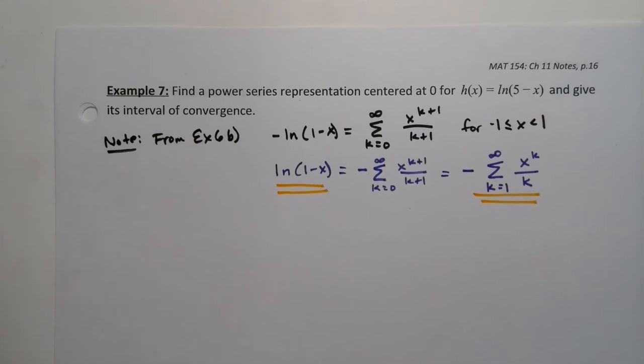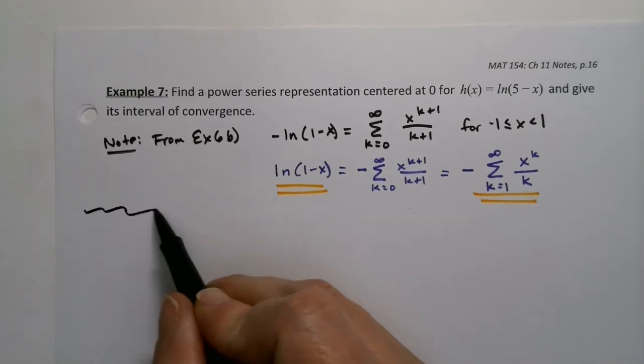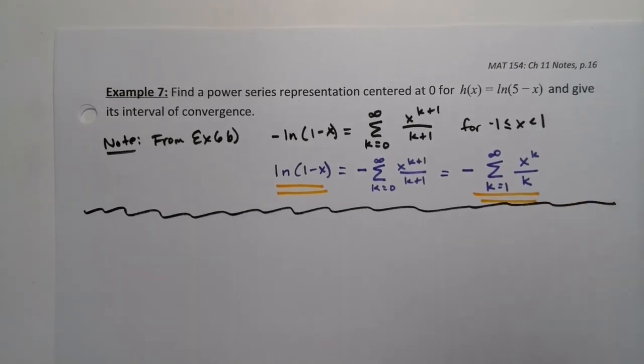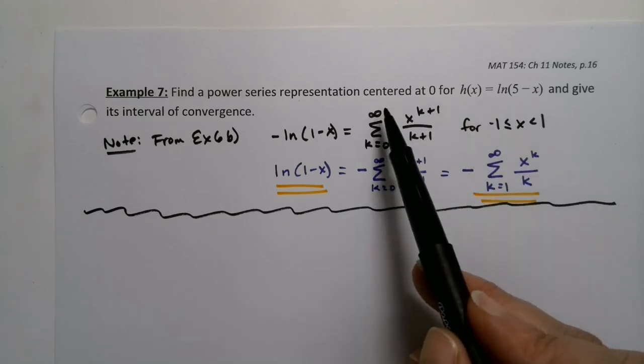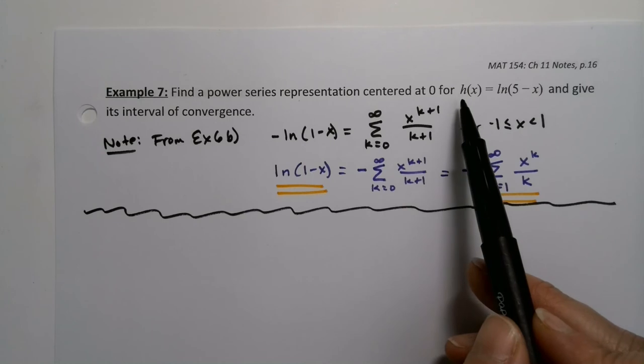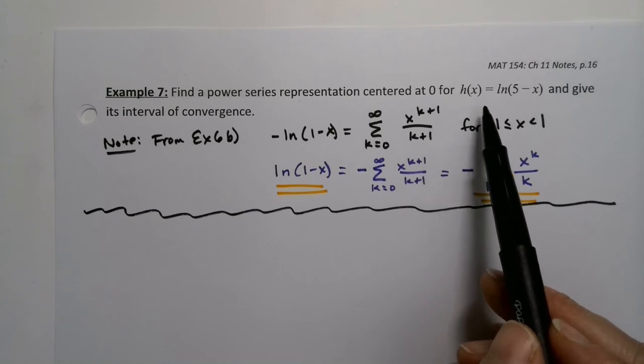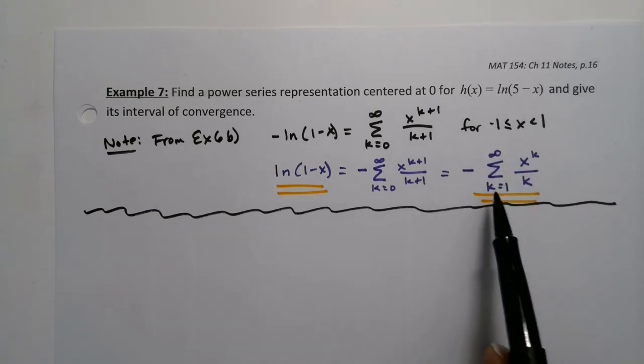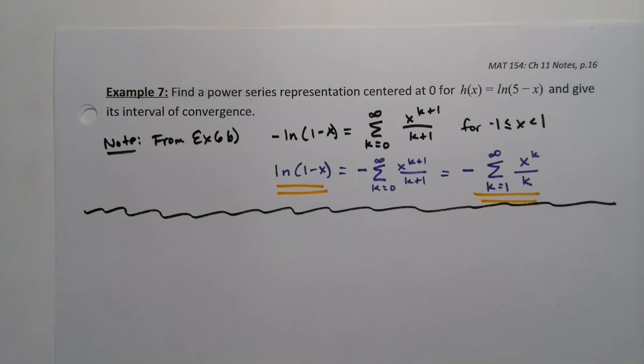Okay, so we made a note of that for our own benefit, because now we are going to find a power series that's centered at 0, that's a representation for h of x equals the natural log, convenient, I have natural log right here, of 5 minus x.